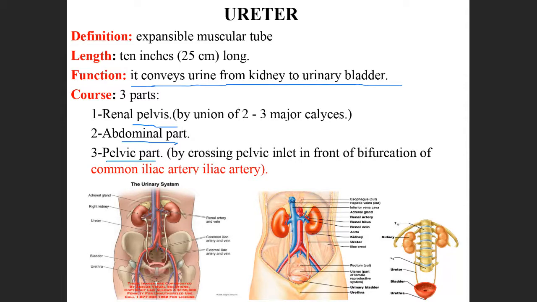In some books they will mention only two parts, or sometimes they will explain all three, because the renal pelvis most of the time is studied under the kidney. It is no problem. Now you remember like this only. What are the parts of the ureter? They are renal pelvis, abdominal part, and the pelvic part.